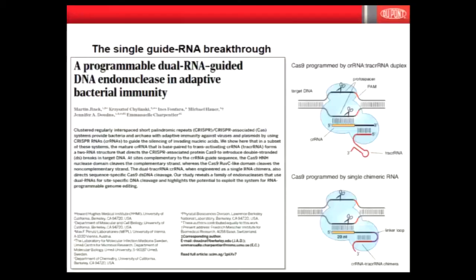So now all the pieces of the puzzle were together, and the next year, in 2012, Emmanuel Charpentier and Jennifer Doudna transformed a three-component system, meaning Cas9 in blue, the small RNA, CRISPR RNA, and the tracrRNA, into a two-component system with this guide RNA mimicking the CRISPR RNA and the tracrRNA.